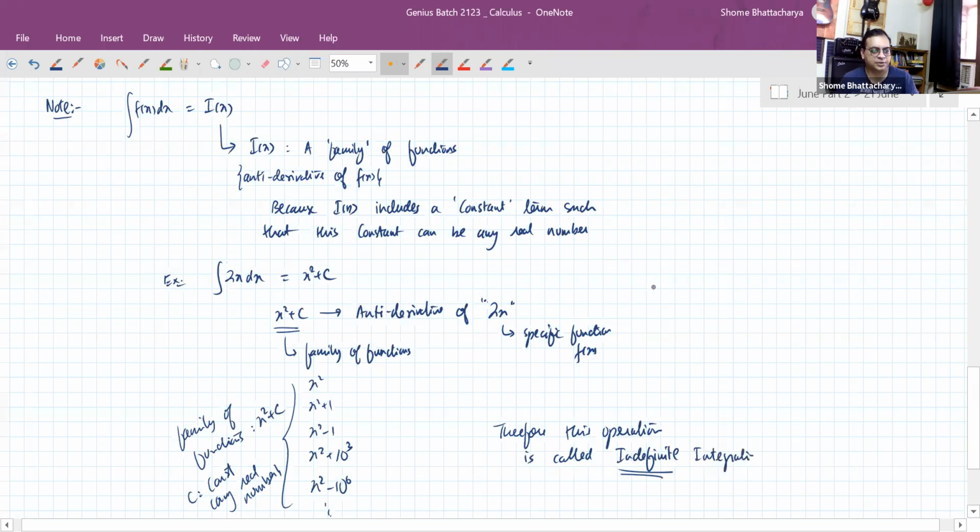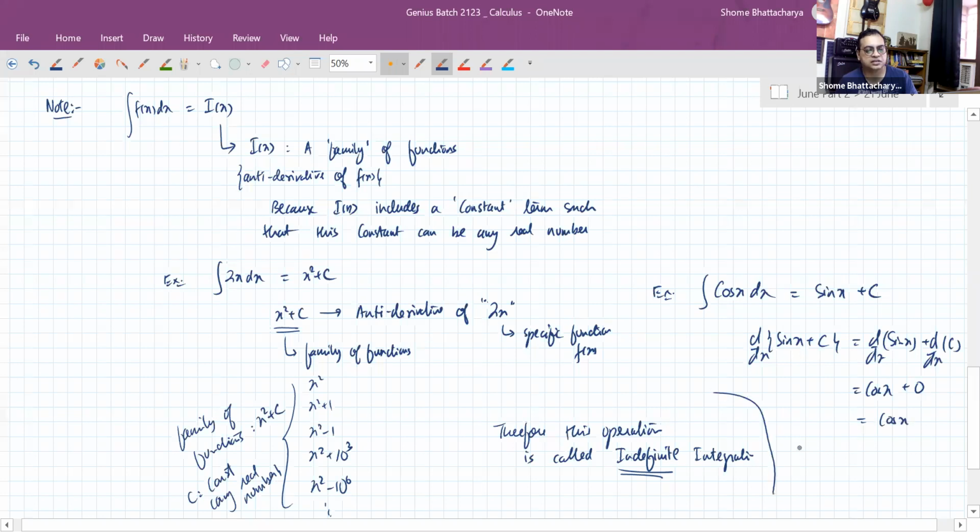Another example you can see is, suppose we integrate cos x with respect to x, it will be sin x plus c. Because we know that the differentiation of sin x plus c will be differentiation of sin x plus differentiation of c, which by definition will be cos x.